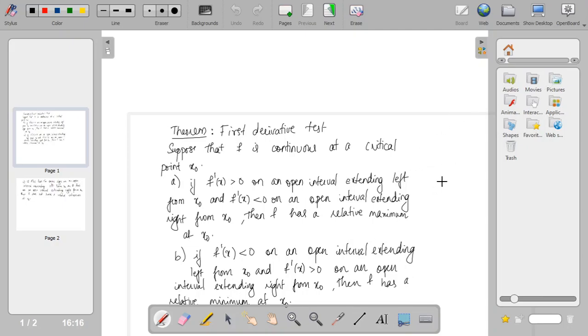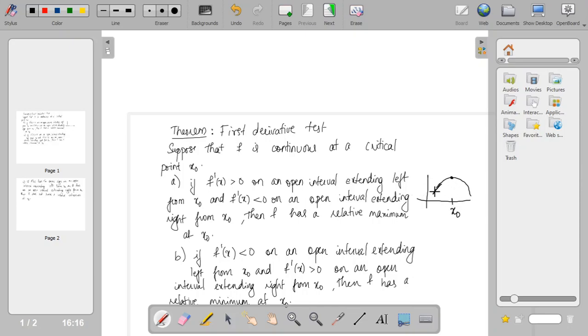So if you have a graph like this, suppose this is a point x naught.